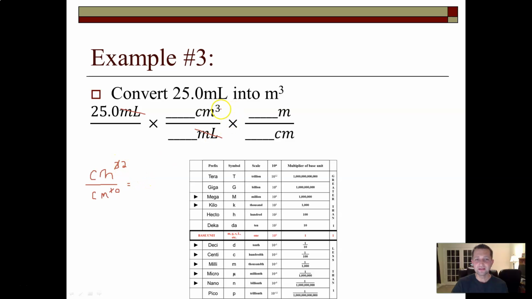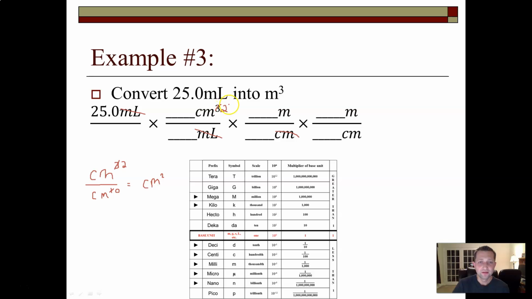So just taking centimeters cubed divided by centimeters really just gives you centimeters squared. Okay? So what do I need to do then? Because this went down to a 2 now, and it canceled with that. But I still need to cancel out the other 2 centimeters here. So no big deal. Just add another step and do the same thing. Cancel out centimeters and convert to meters.